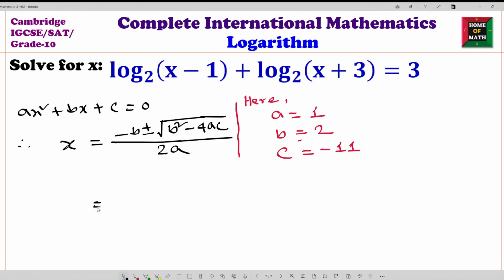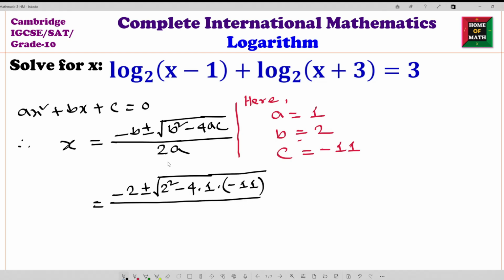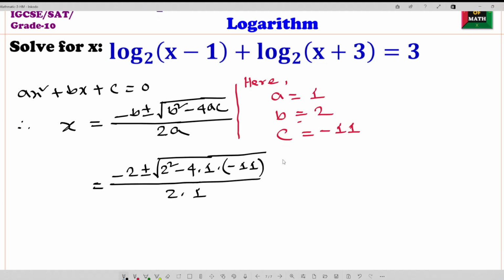So we can write here minus b means what? Minus 2. So we can write minus 2 plus or minus root over 2 square, because here is b square, minus 4 times a, which is 1, c means minus 11. Then divide by 2a, 2 times 1. Okay.